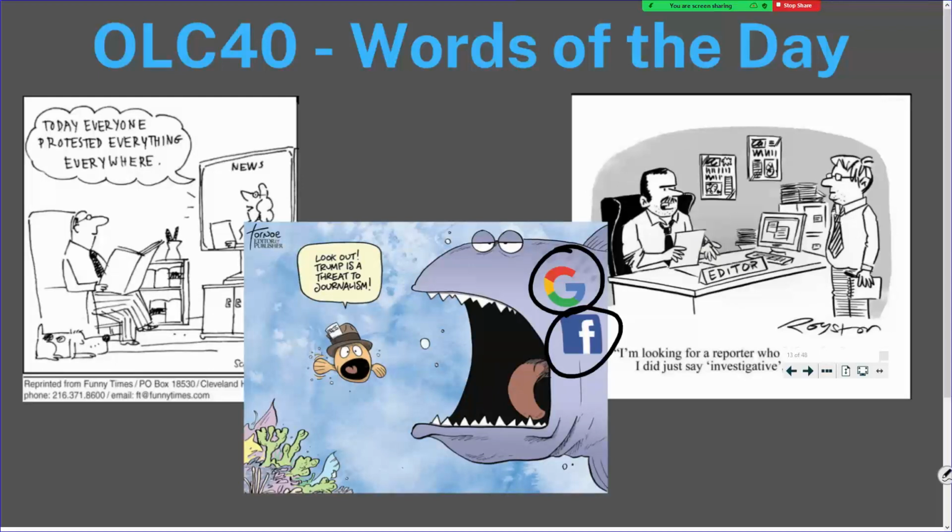So basically, the argument here is that we can complain all we want about Trump being a threat to journalism, but the real threat to journalism are these big corporate giants like Google and Facebook, who arguably have a massive amount of impact on how people get the news and how people read the news, right?